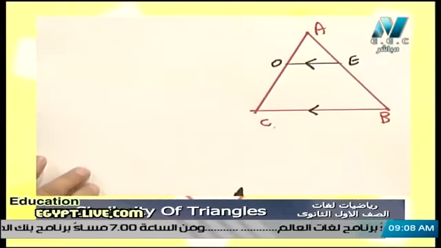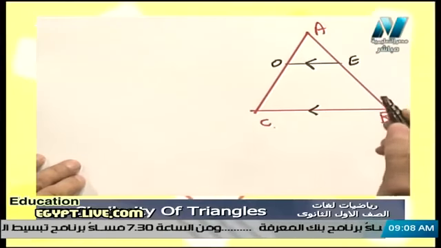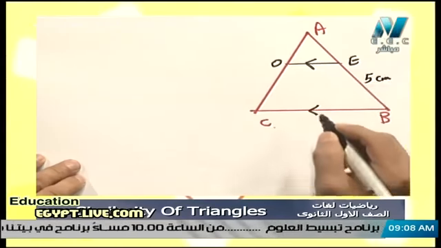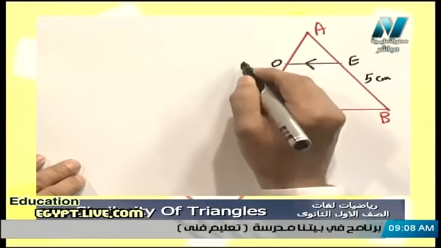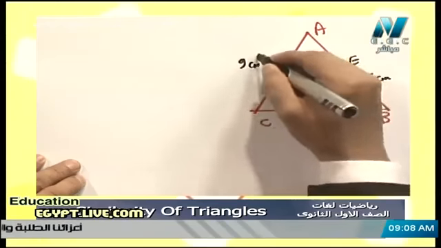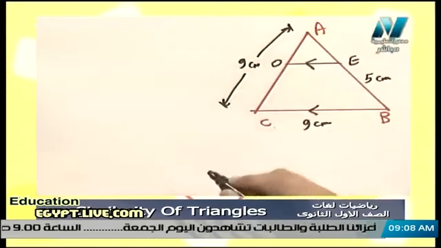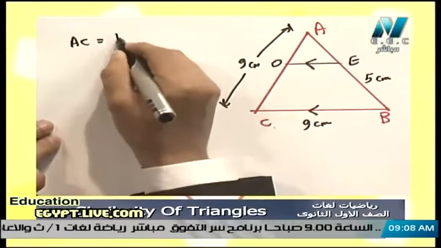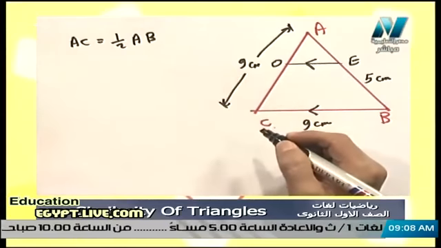Okay, and we have here EB equals 5 centimeters, CB equals 9 centimeters, and AC equals 9 centimeters also. And we have AC here equals half AB.